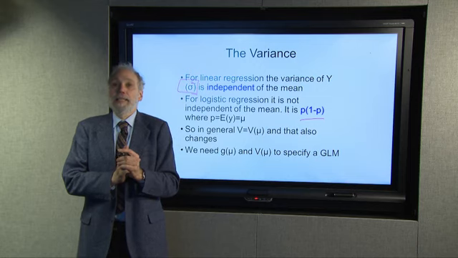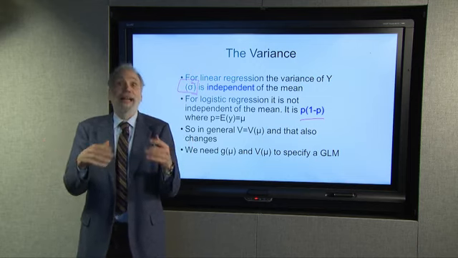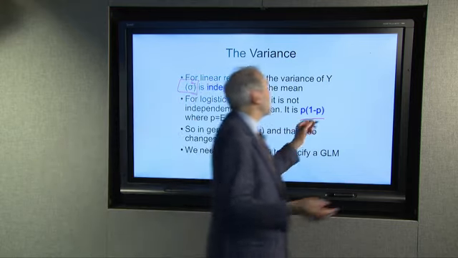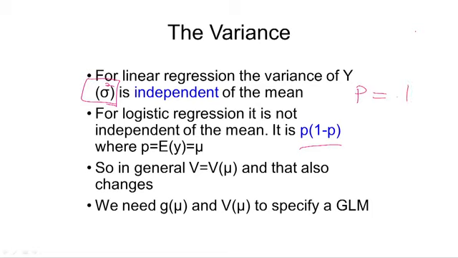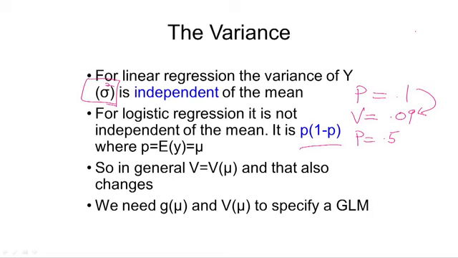Then my p is 0.1, and p times 1 minus p is 0.1 times 0.9, which is 0.09. But what if p is equal to 0.5? Then I get 0.5 times 0.5, and that means that the variance is equal to 0.25.